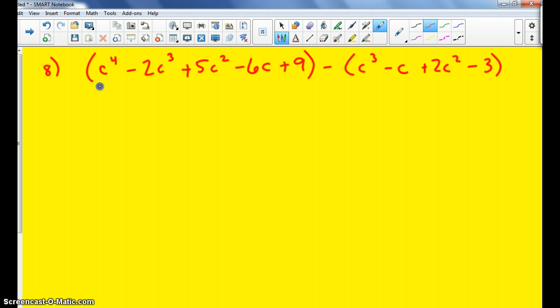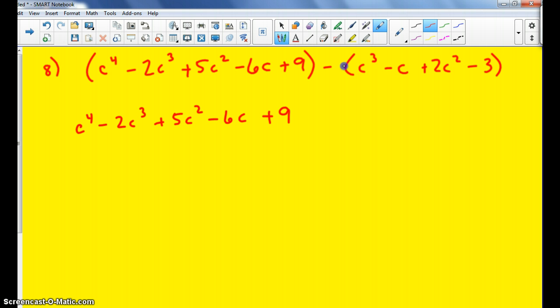All right, my question for the first set of parentheses, does anything change in the first set? No, so I'm going to bring it down. C to the 4th minus 2c cubed plus 5c squared minus 6c plus 9. And then how does the second one change? Some of you look at that and say, this minus means change all of the signs in the parentheses afterwards.